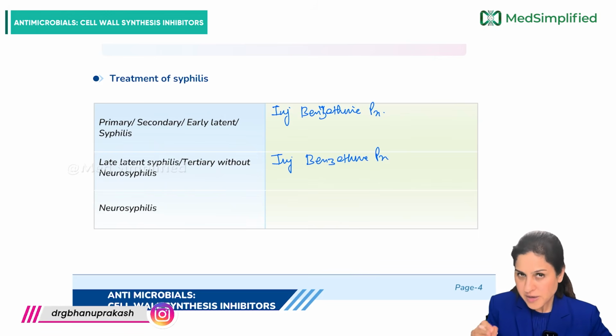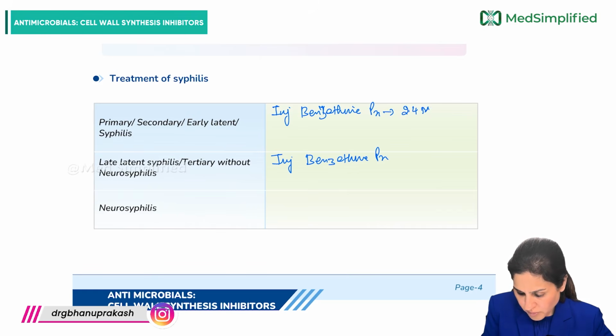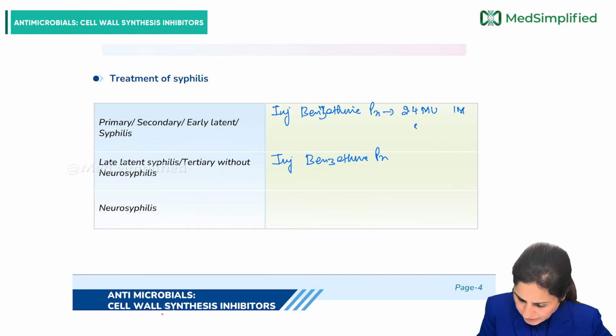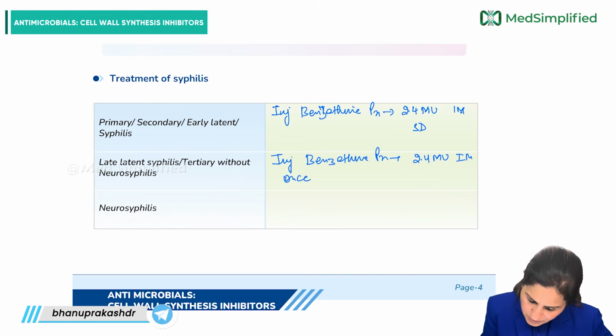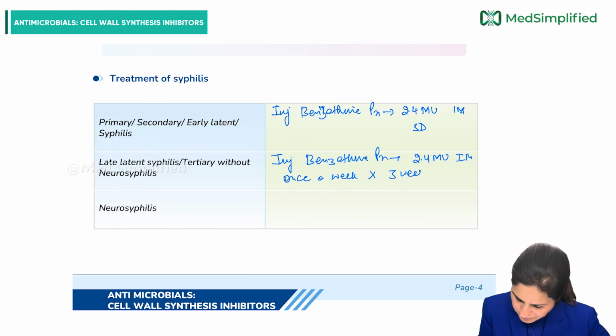In the first case, we use injection benzathine penicillin, 2.4 million units intramuscular, but a single dose only. In the second case, we use 2.4 million units intramuscular once a week for about 3 weeks. So, we use 3 doses.